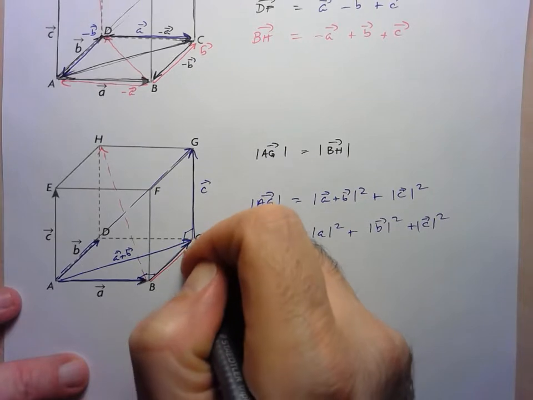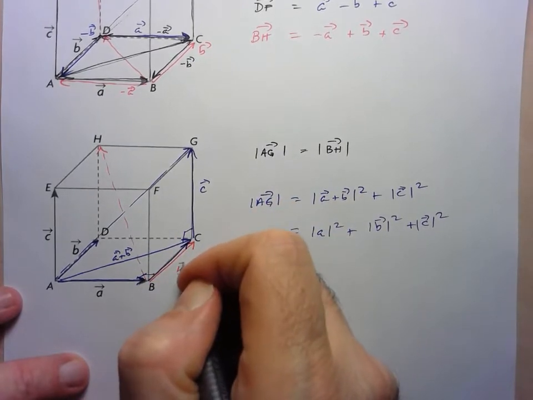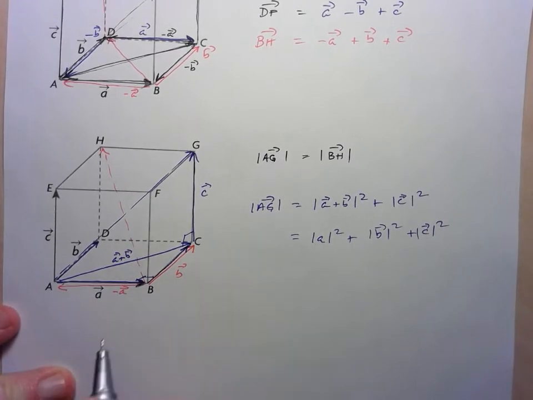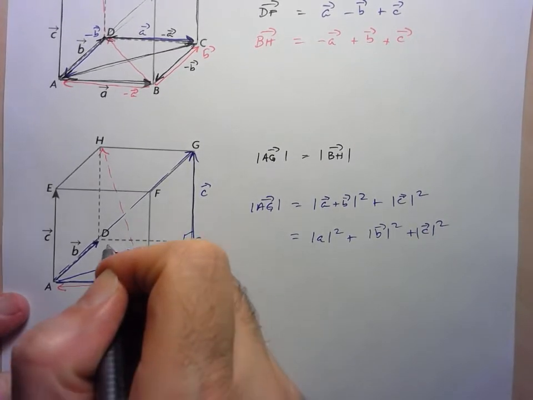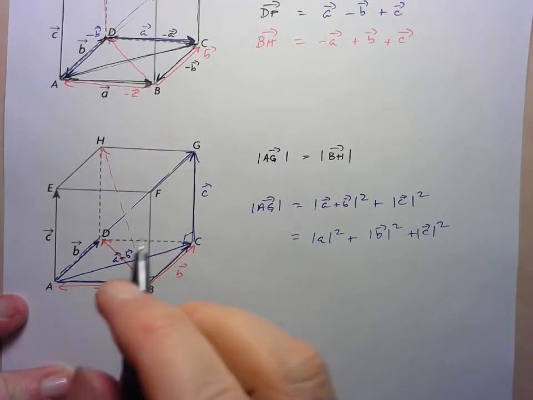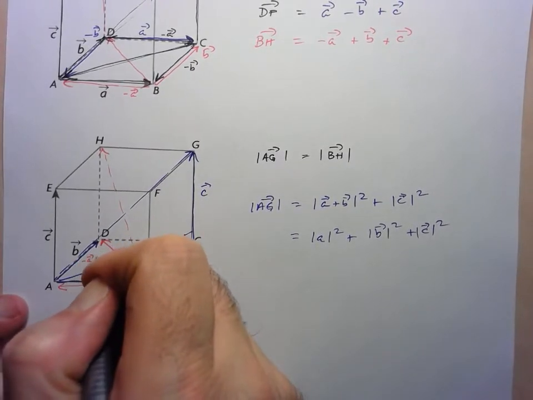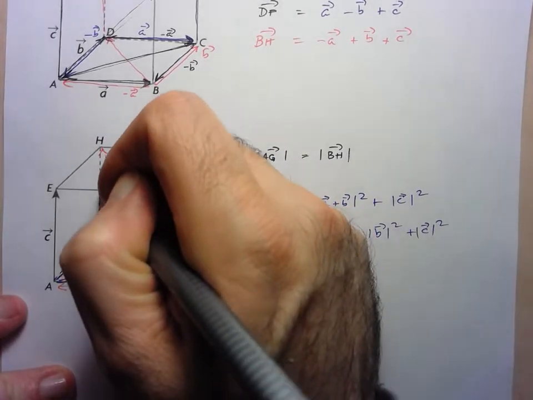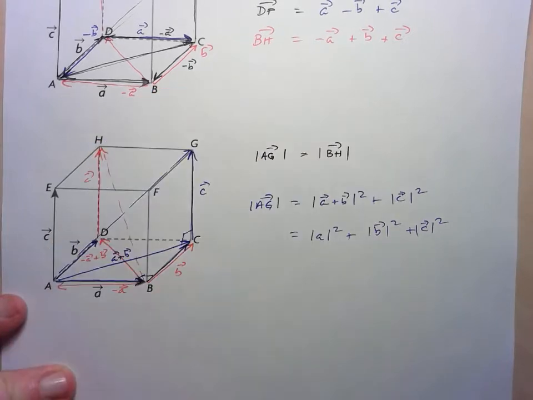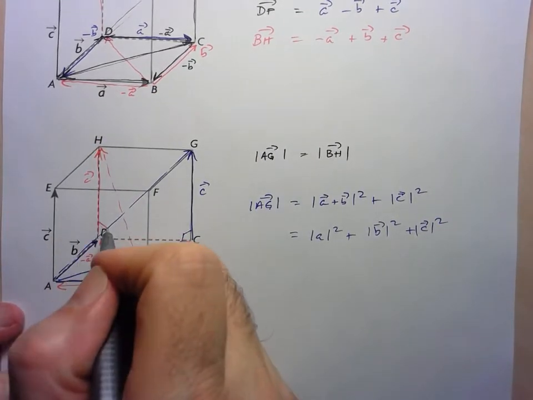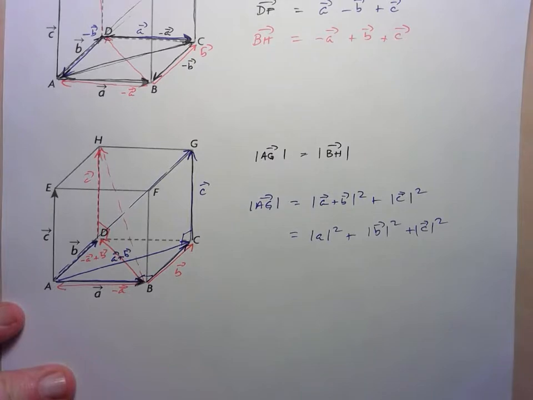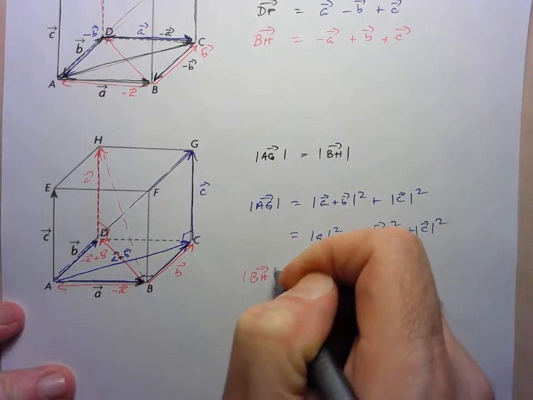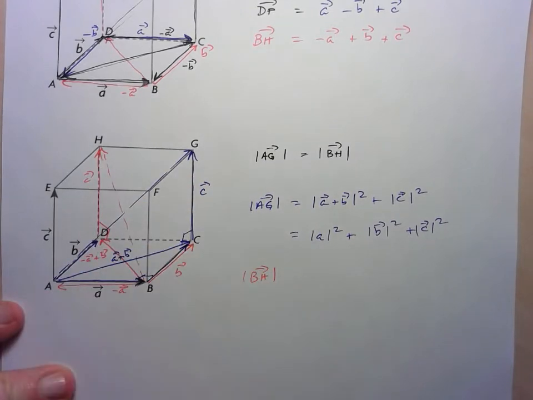Well, we took the vector B, we took the vector negative A, and then we added those two together to get the vector negative A plus B. Okay, and then to that we added the vector C. But again, we have a right angle triangle. So the magnitude of BH is just the hypotenuse of this right angle triangle.